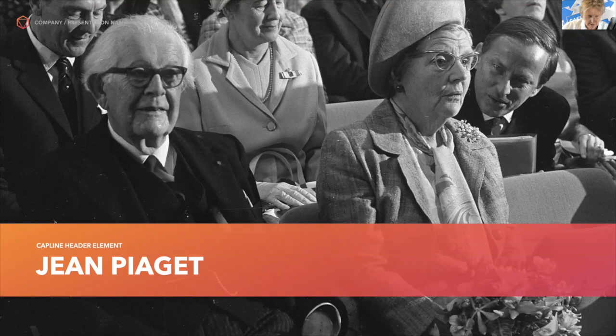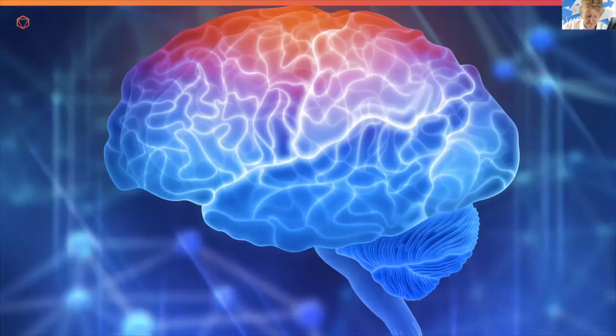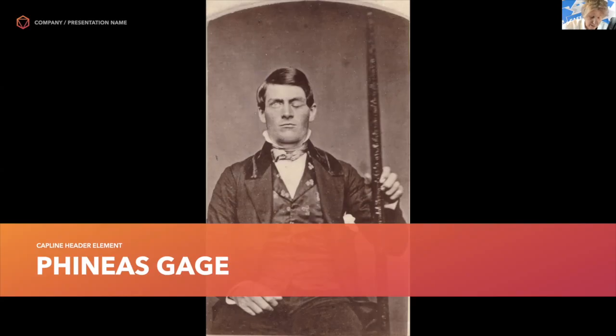Let's take a look at the case studies in neuroscience now. Some examples. Phineas Gage was a railway worker and had a serious accident in 1848 during a blasting operation in which an iron bar pierced his head from bottom to top.